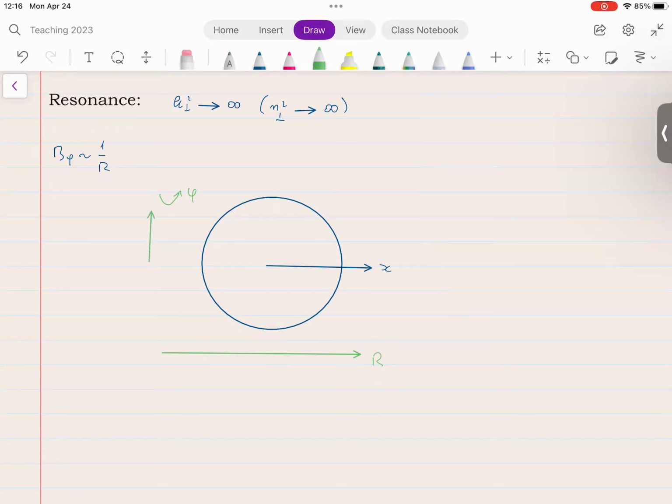That's not where it's supposed to be. It's supposed to go around that phi. This is not to scale, of course. What happened here? My phi disappeared. Okay. This is phi and this is z. This is big R.